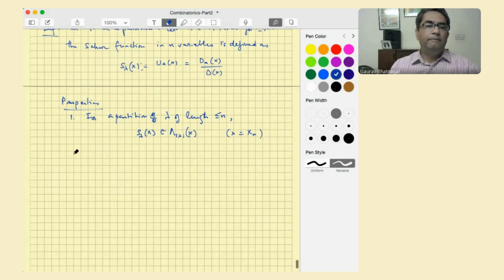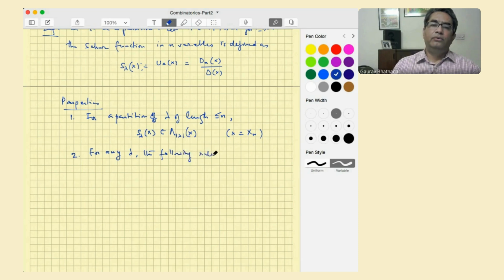And for any lambda, now the following rule defines a symmetric function in infinitely many variables.